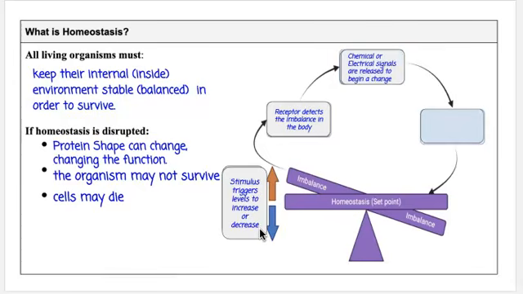Your body then sends either a chemical or an electrical signal to begin a change to help your body go back to set point or back to normal. So overall, your body is always detecting changes and correcting them to stay alive.